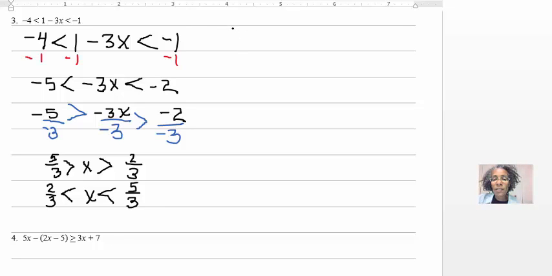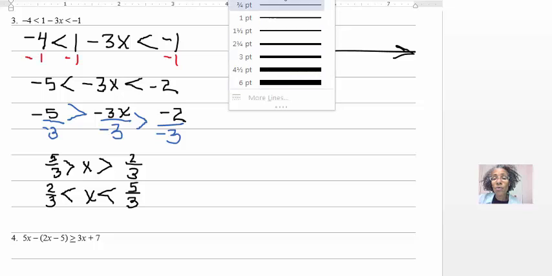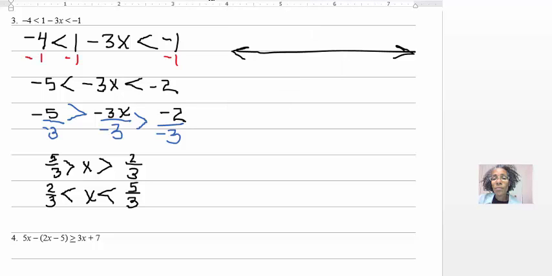Now let's show it as a graph. So there's my number line. And I want to show that 2/3 is not included. So I put an open circle above 2/3 and 5/3 because the inequality has no equals to symbols on it, just less than.